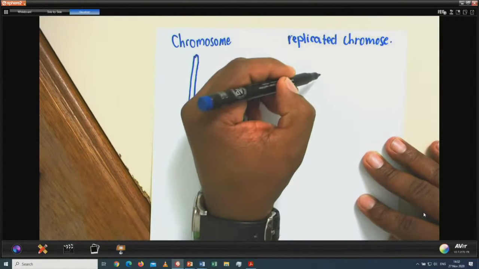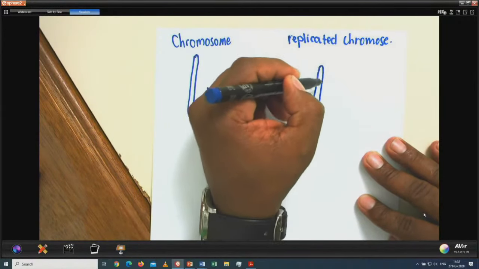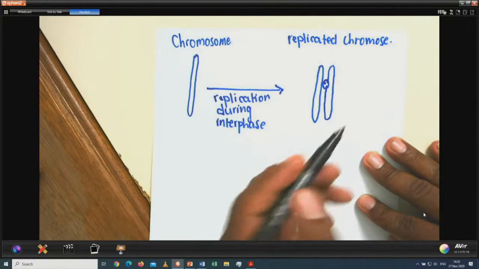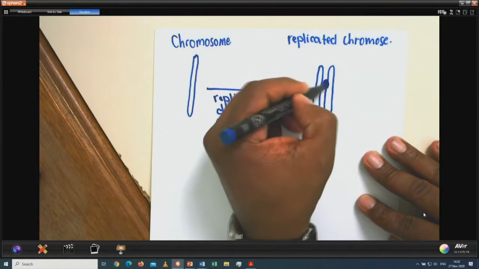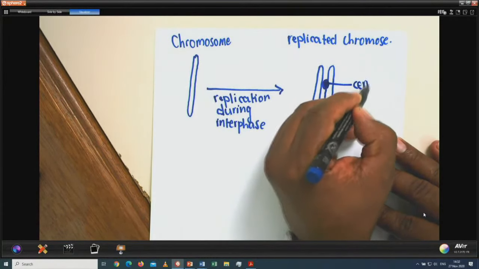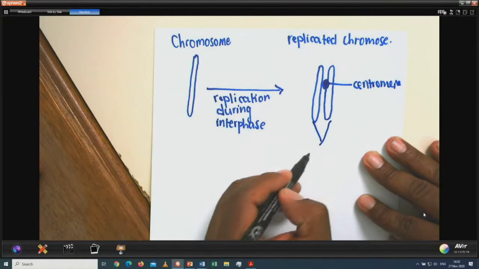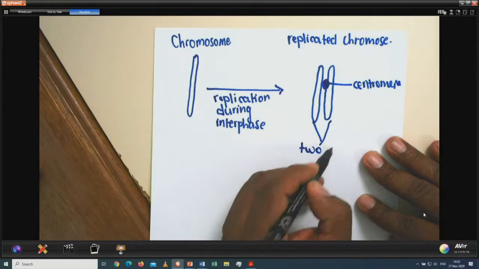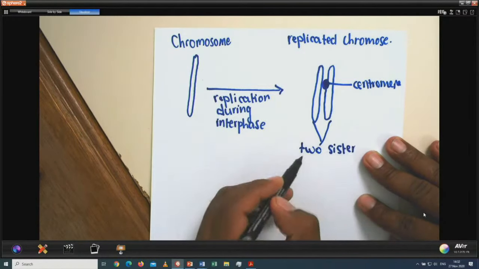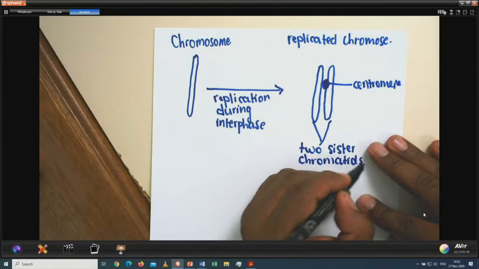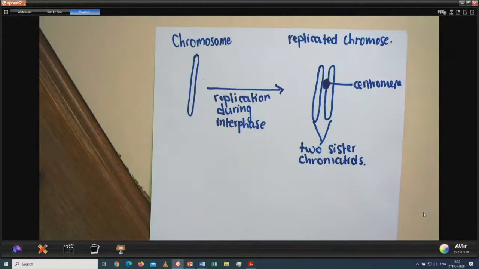A replicated chromosome has two sister chromatids that are joined together by a centromere.